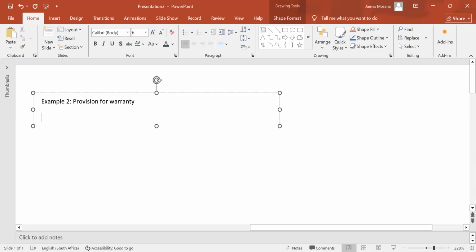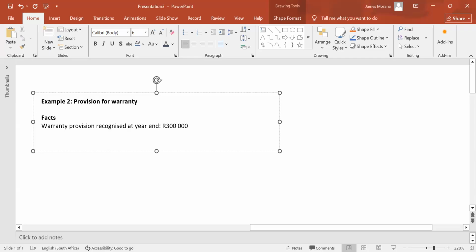So now, the facts that we have, right, is that the warranty provision recognized at year end is 300,000.